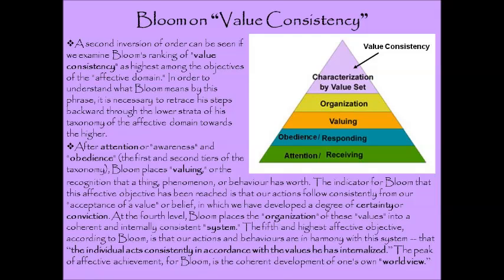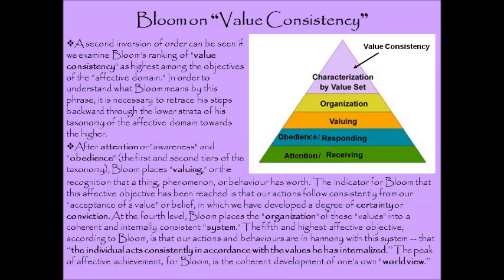The indicator for Bloom that this affective objective has been reached is that our actions follow consistently from our acceptance of a value or belief in which we have developed a degree of certainty or conviction.